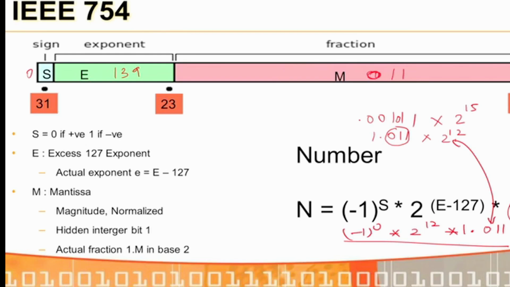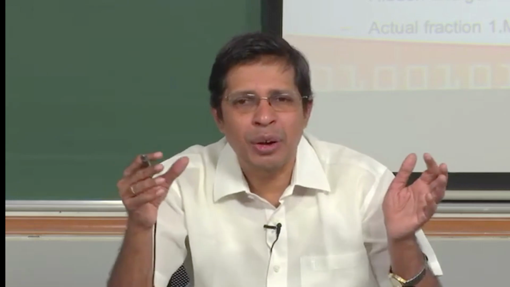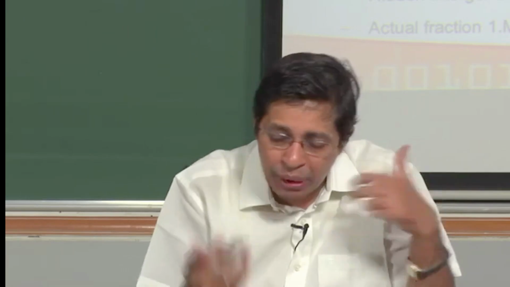So the good thing is that the exponent is always positive and the mantissa is normalized. Normalization is essentially to bring the number into the form 1 point something, and that something else is stored in m; the 1 is not stored. So 1 is implied here. Are you able to follow this?